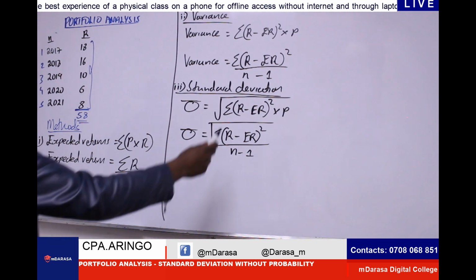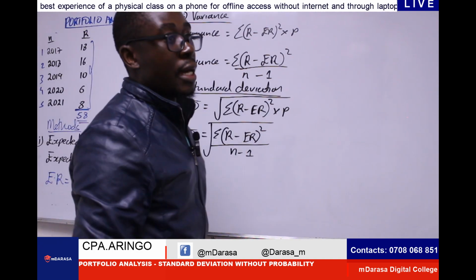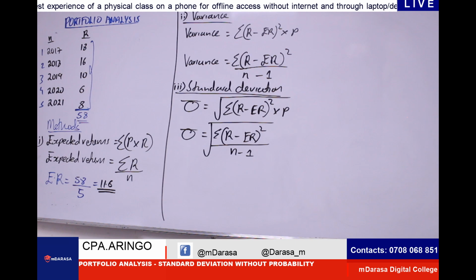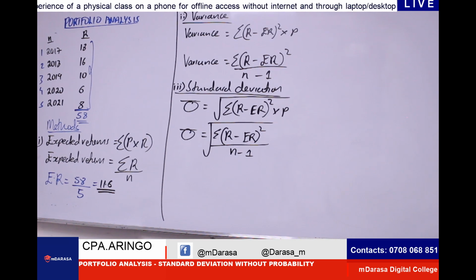We go to the next element. We need to determine our variance. For us to have our variance, all I'll be required to do here is to consider our actual returns minus expected returns.